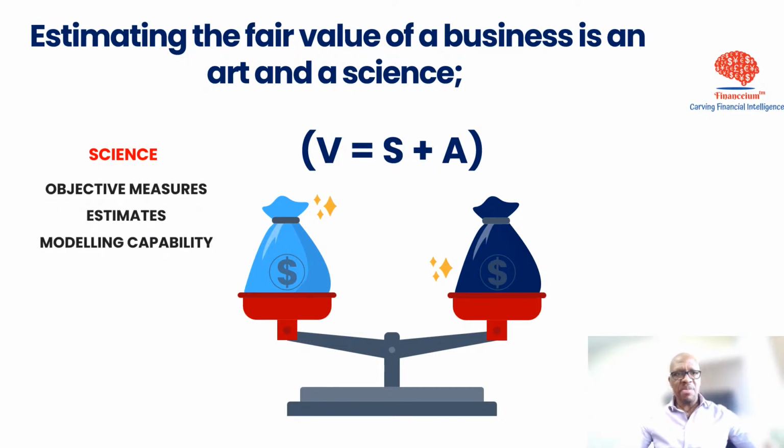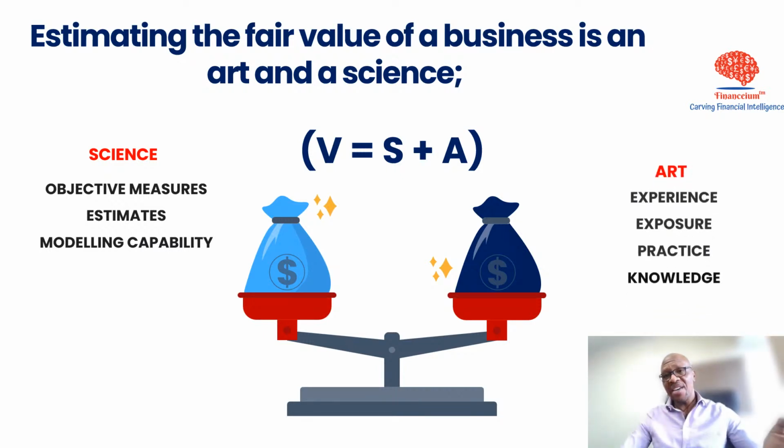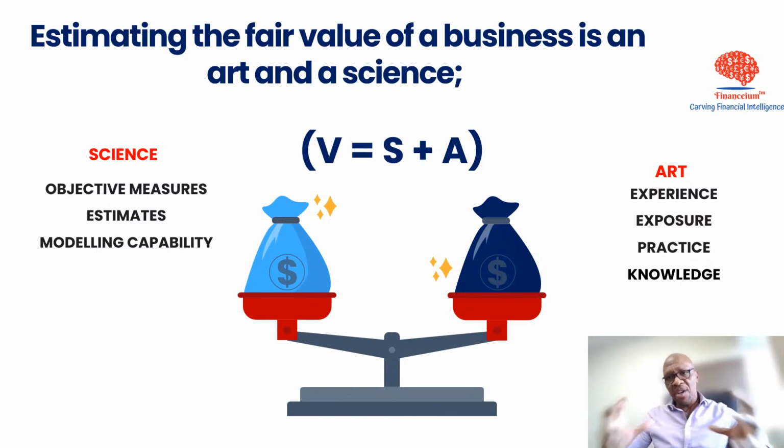The science of it is predicated on using objective measures, estimates, and modeling capabilities. The art, however, revolves around the experience, the exposure, the practice, and the know-how on which model to use under what circumstances, or what combination of valuation models to use.